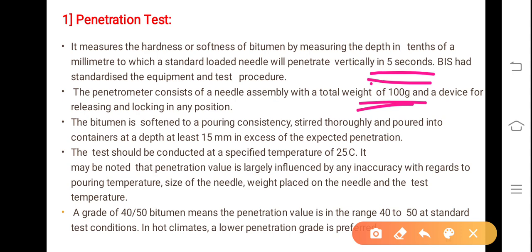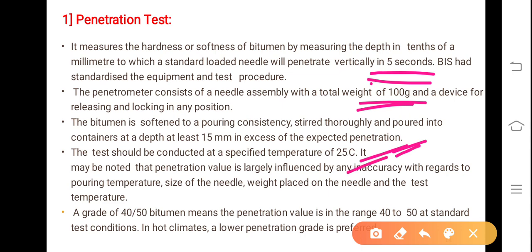The bitumen is softened to a pouring consistency, as I already told, stirred thoroughly so as to make a homogeneous fluid, and poured into the container or cup at a depth at least 15 mm in excess of the expected penetration. The test should be conducted at a specified temperature of 25 degrees centigrade.